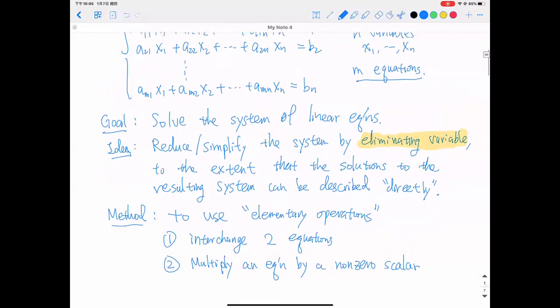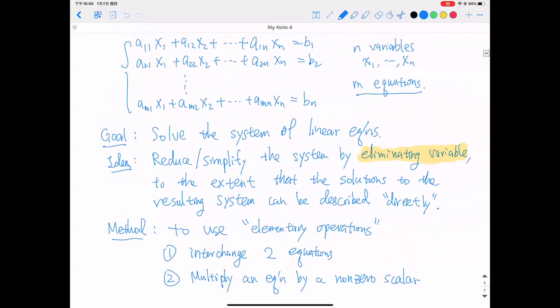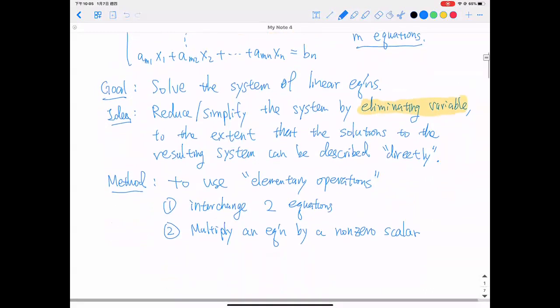We'll see in examples what we mean by this, but it's pretty clear from the words what it means. You take one equation and multiply both sides of the equation by a number that is not zero. That's what the second operation is.